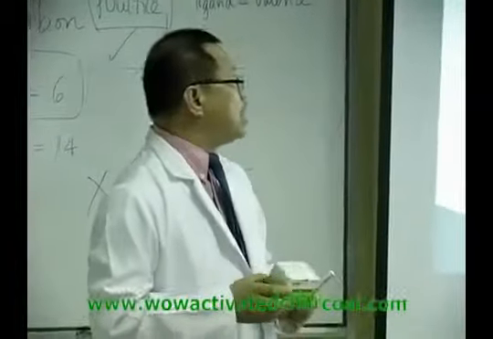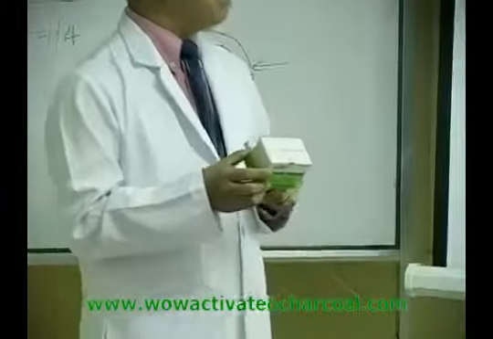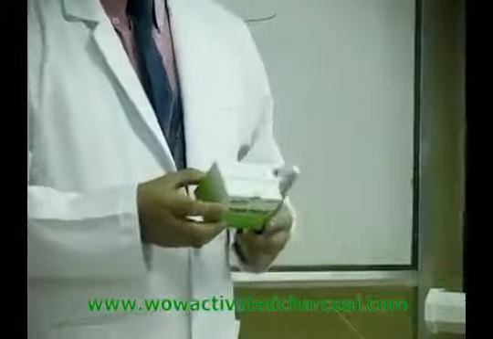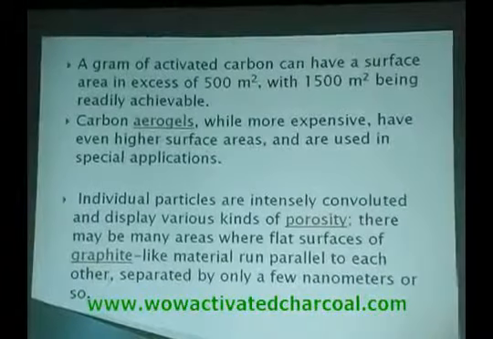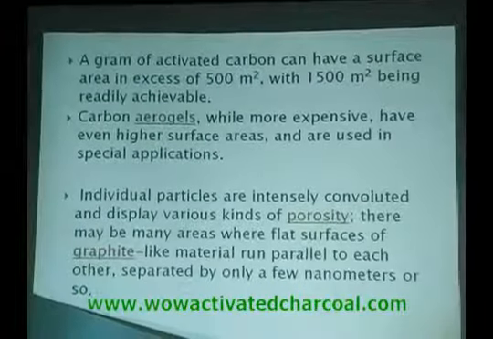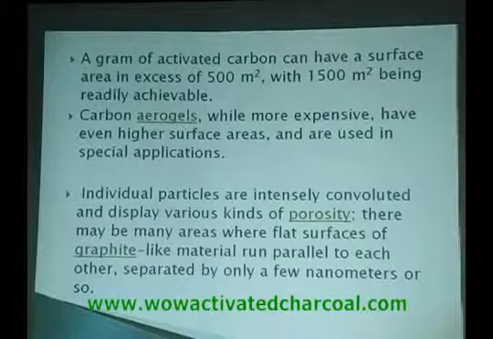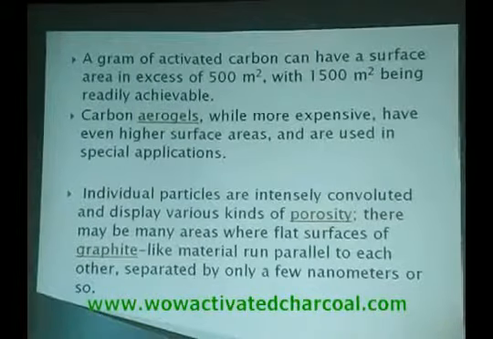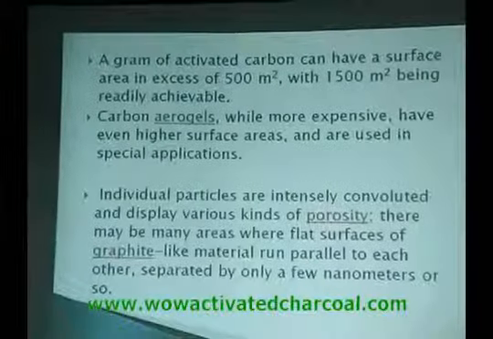In other words, 0.35 gram, which is about 1/3, will have a cleansing power of about 200 square meters of surface area, and that is sufficient to cover the surface area of our gastrointestinal tract.